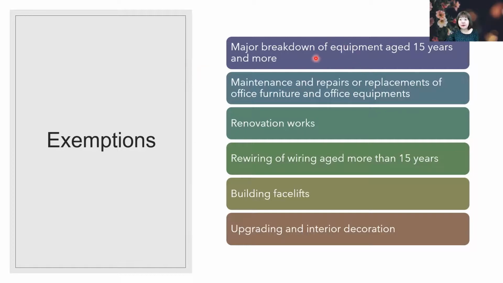So the major breakdown of equipment for the age of 15 years and more. Bila satu benda yang lebih daripada 15 tahun, then kita dah tak adalah maintenance. Usually we have to replace it, okay? Maintenance and repair or replacement of office furniture and office equipment.